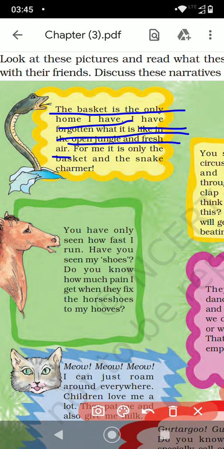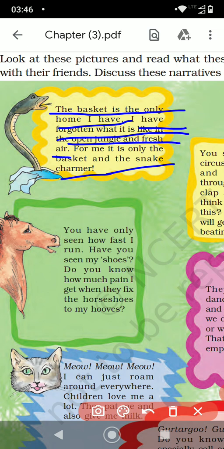For me, it is only the basket and the snake charmer. Okay, so the snake is saying that I always live in the basket, and I have seen the snake charmers and baskets, so I don't know how open jungle appears, how fresh air is, because I never get fresh air. I'm always under the basket, inside the basket.